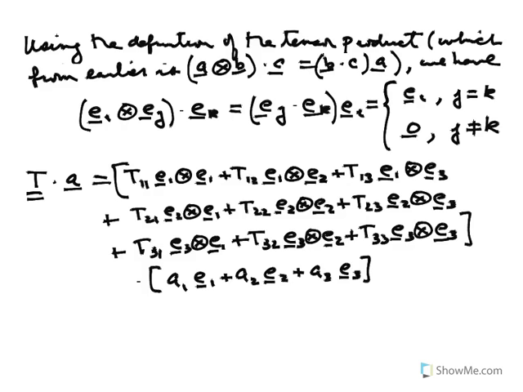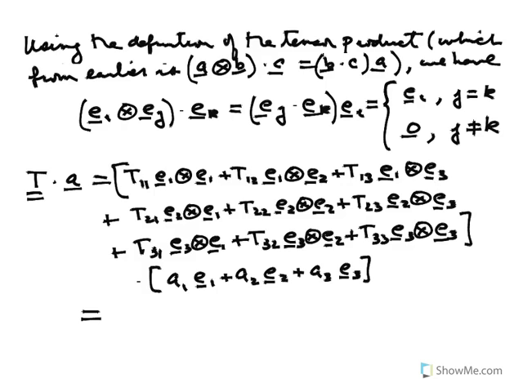Now, let's write this out and see what happens when we use the property. We're going to be using this property that I just derived up above: Ei circle cross Ej dotted with Ek is either equal to Ei or 0 depending upon whether j is equal to k. Let's look at the first term. I've got T11 E1 circle cross E1, and I'm going to multiply that by A1 E1.